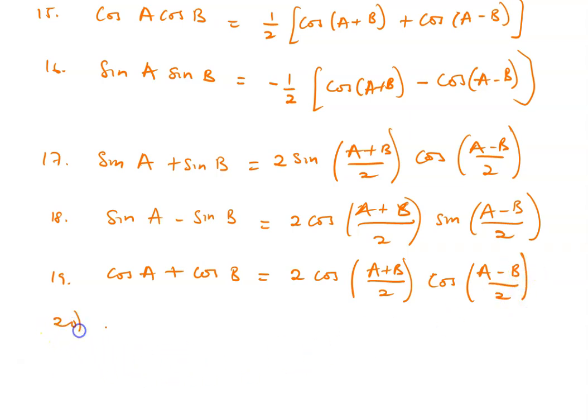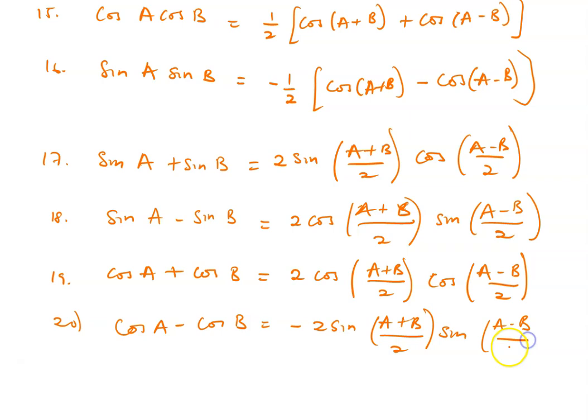Then the last one, 20th, is cos a minus cos b, which is simply going to be minus 2 sine a plus b, all divided by 2, sine a minus b, all divided by 2. So that is it.